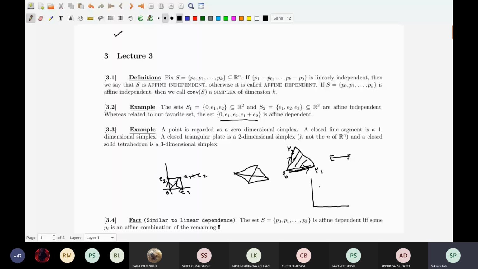That will be the plane x plus y plus z equal to 1. So that is an affine plane.